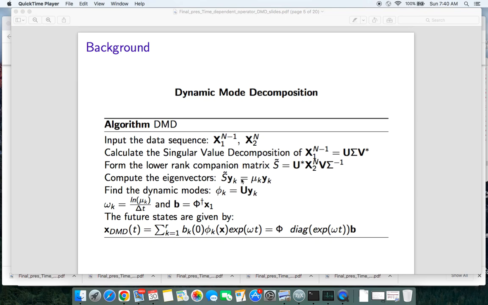And we use eigenvectors and all that to find dynamic modes, eigenvalues, and the future states are given by this formula at the bottom. So x DMD at time t is equal to this. So this formula can be used to reconstruct the training data as well as predict the test data.